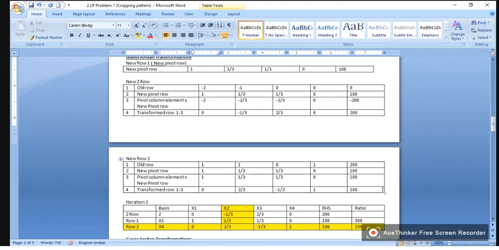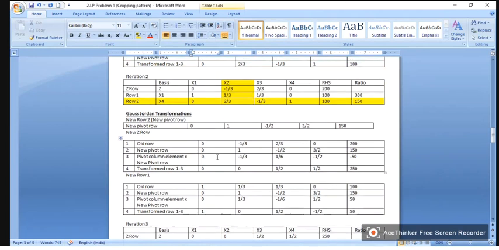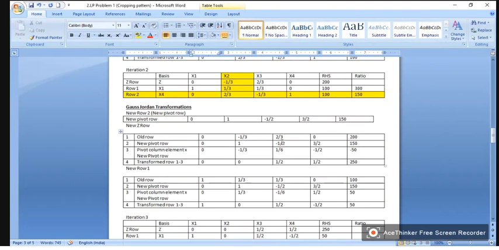Tanuja, are you able to follow? Yes, sir. Next, Harika. That is iteration 3. Have you understood how we got the third table from the second table? Yes, sir.